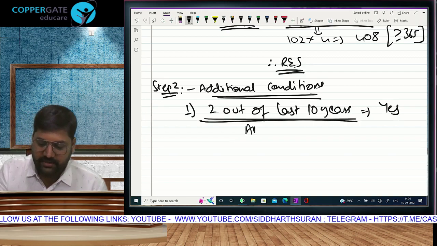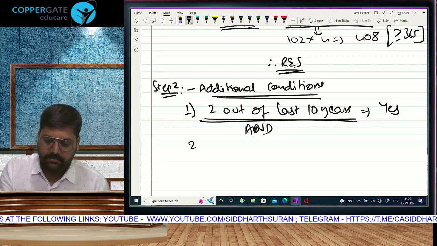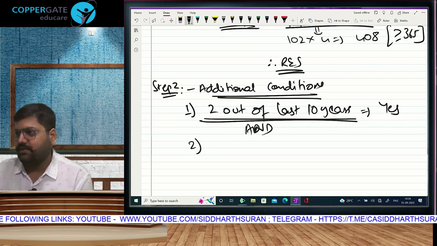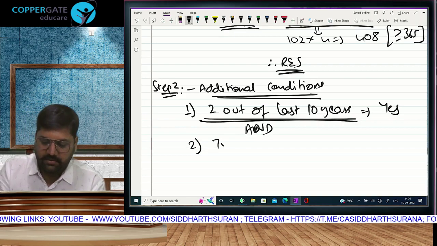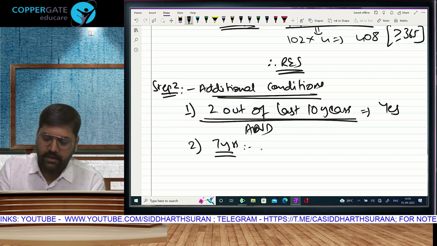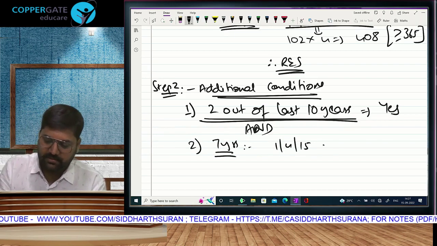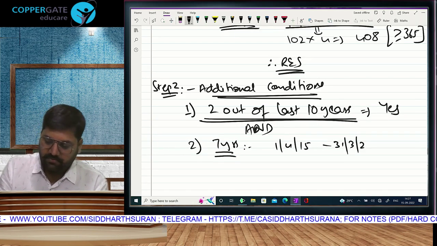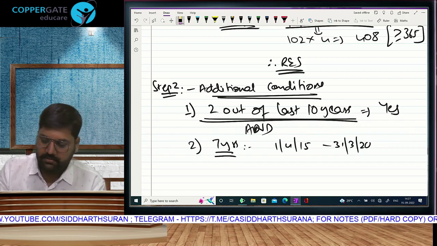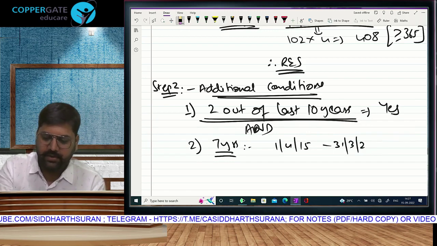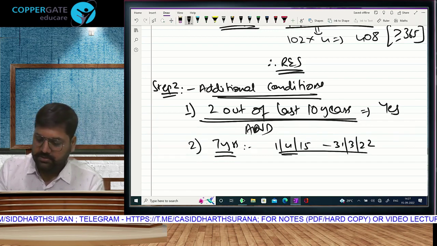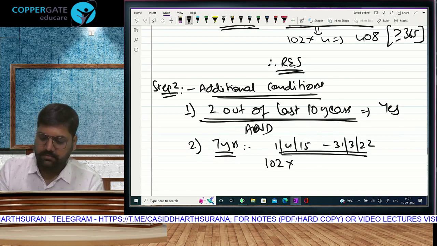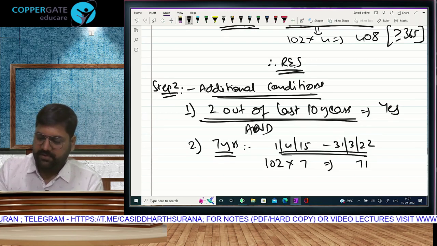And what is the second condition? Last 7 years ka 730 days. So last 7 years. Can I say 15, 16 से start करके? What's his stay in India? 102 per year. So 7 years का 714.